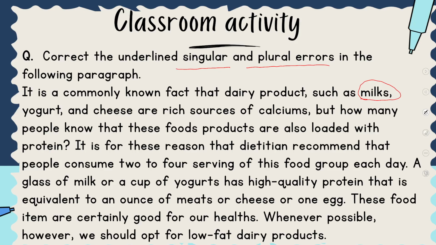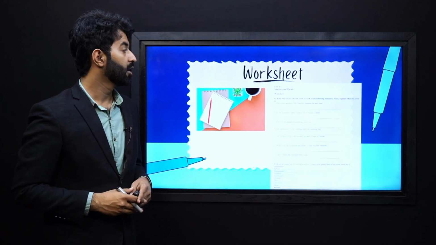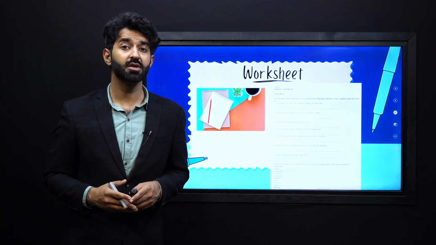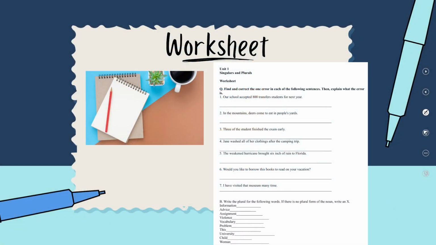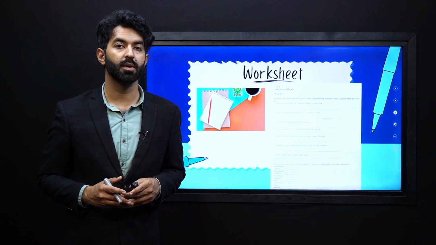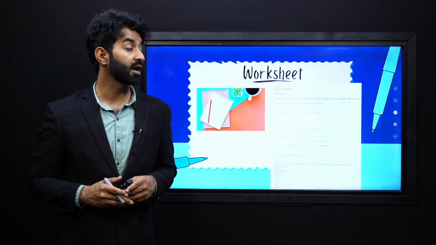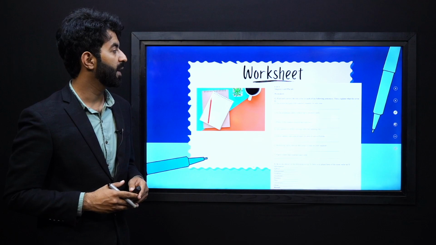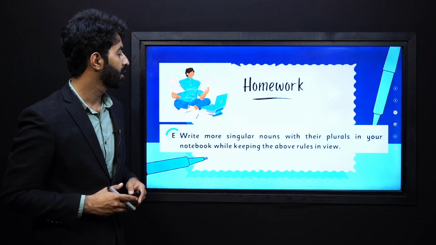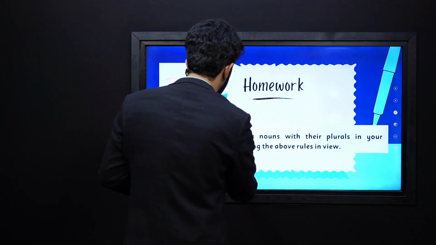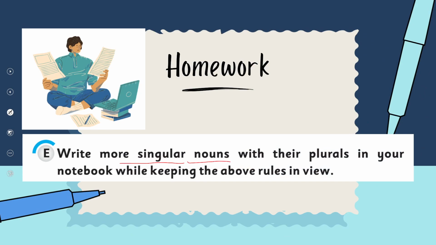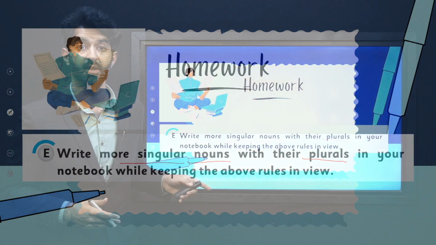You can spot other mistakes as well. So, my dear fellow teachers, a worksheet is added in the resource pack. You can distribute among your students and ask them to solve it. It will maximize their understanding. For homework, write more singular nouns with their plurals in your notebook while keeping the above rules that we've studied in view.